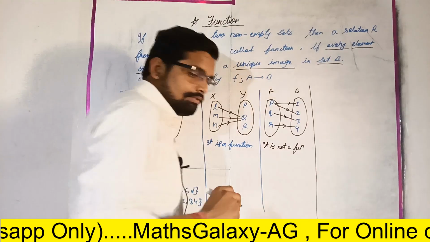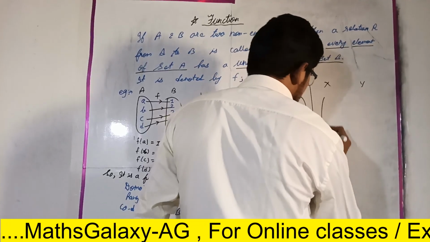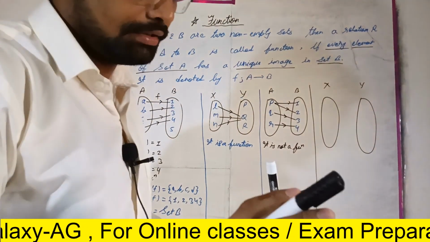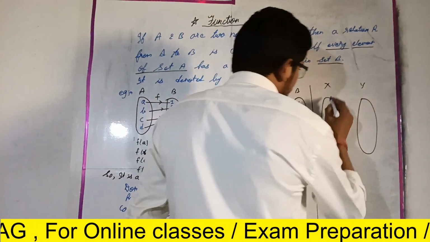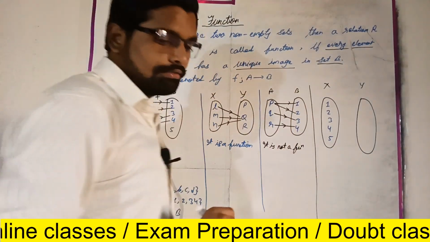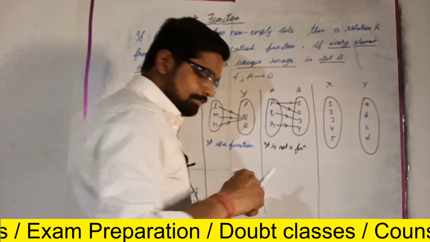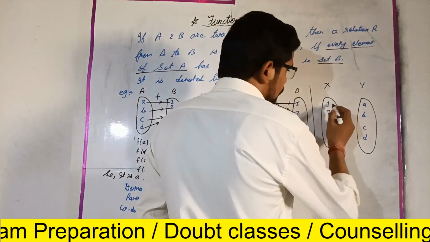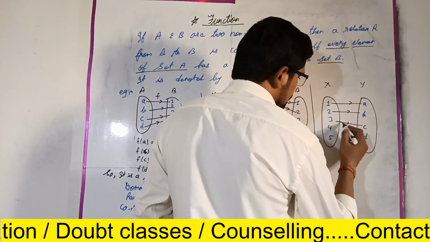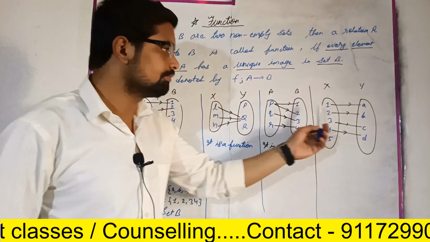Okay, now let's take one more example. X and Y are two non-empty sets. Non-empty sets means they are not empty, they have some elements. So what are the elements for X? 1, 2, 3, 4, 5. For Y, let it be A, B, C and D. Now the image for 1 is A, for 2 is B, for 3 is C, and for 4 is D. Now tell me whether it is a function or not.